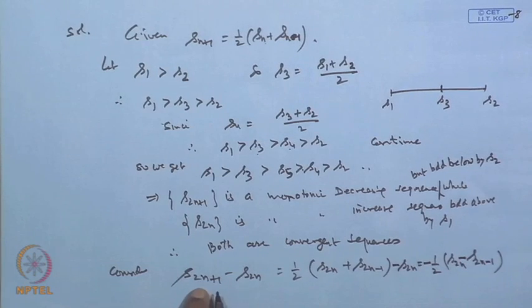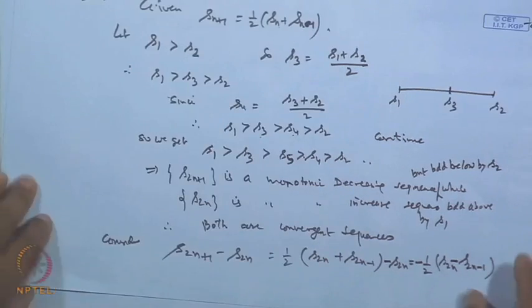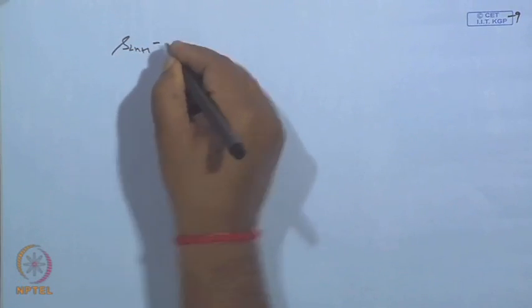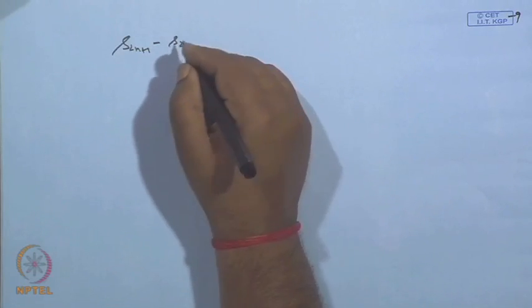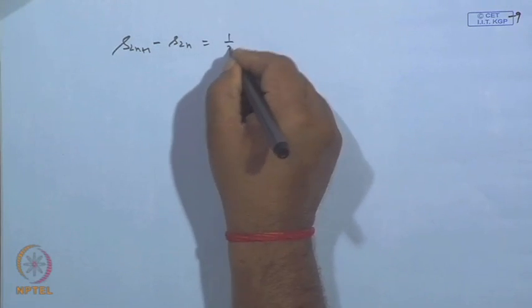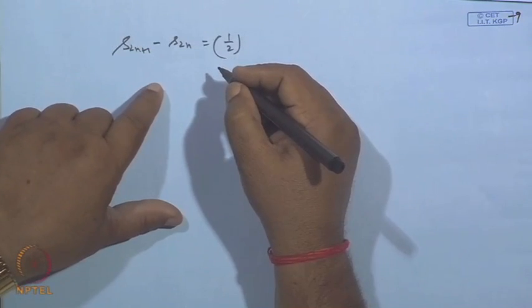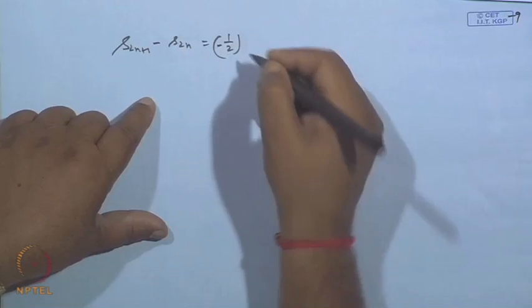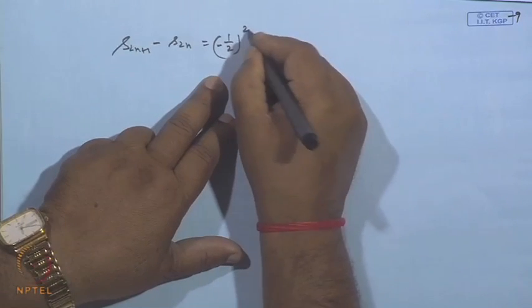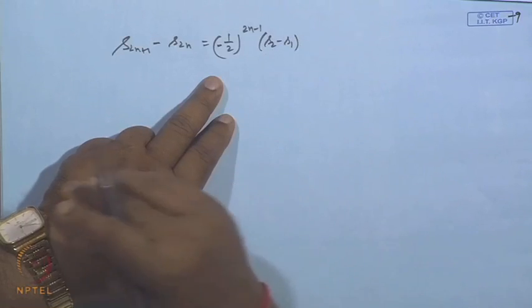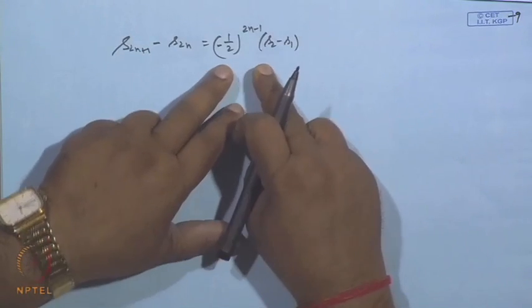It means that S2n plus 1 minus S2n is minus half times S2n minus S2n minus 1. If I continue this, S2n plus 1 minus S2n basically comes out to be minus half raised to the power 2n minus 1 times S2 minus S1.